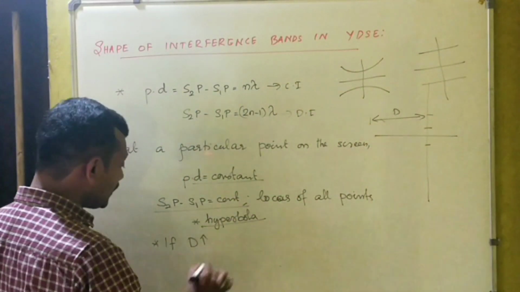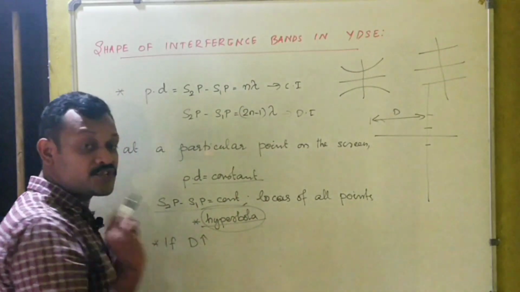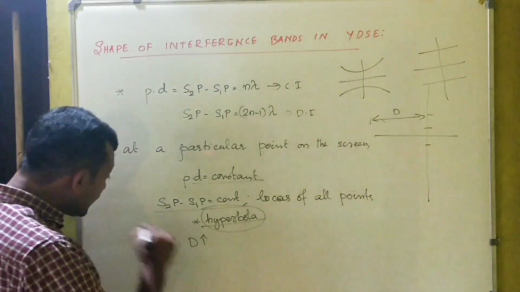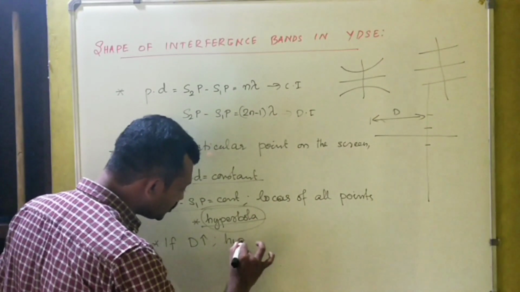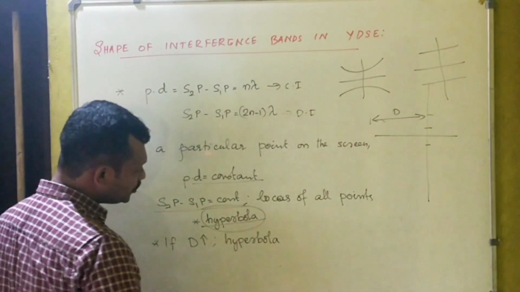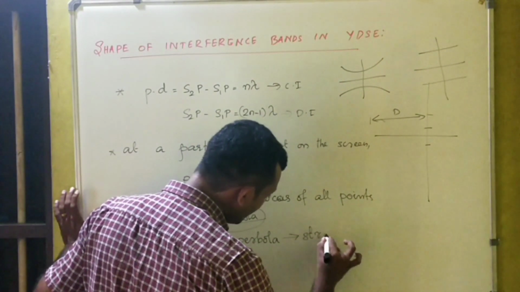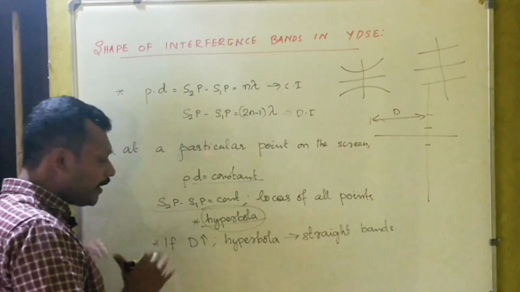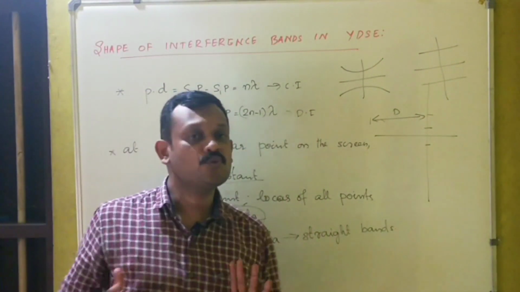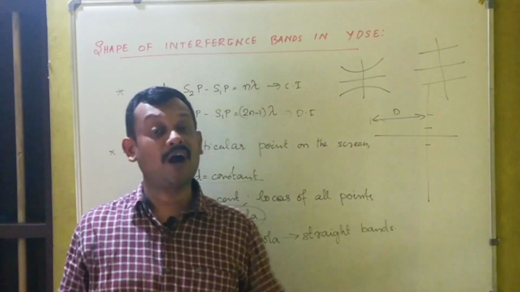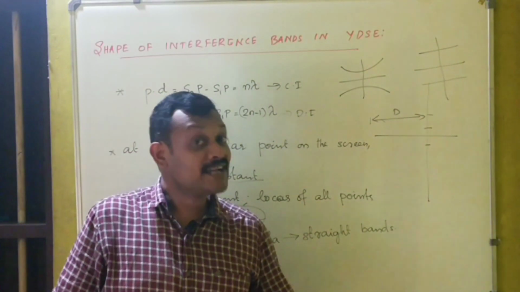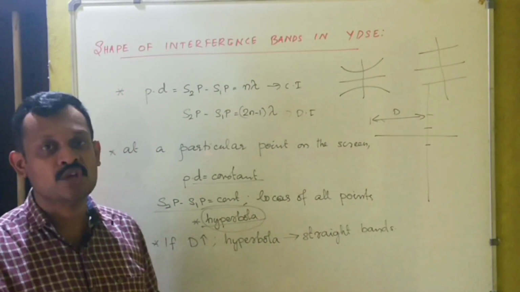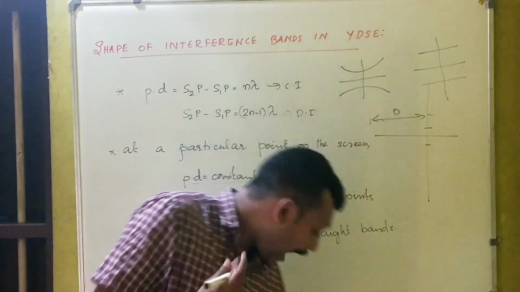So generally if you ask me the shape of interference bands in YDSE, the correct answer is hyperbola. On increasing D, the hyperbola changes to straight interference bands. But if you get the question, what is the shape of interference bands in YDSE, your answer has to be a hyperbola, because a straight line is only a special case of this. So we will move to another topic now.